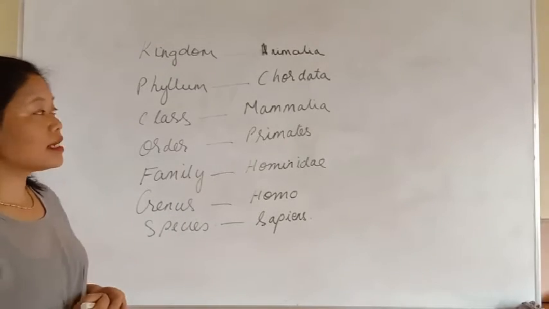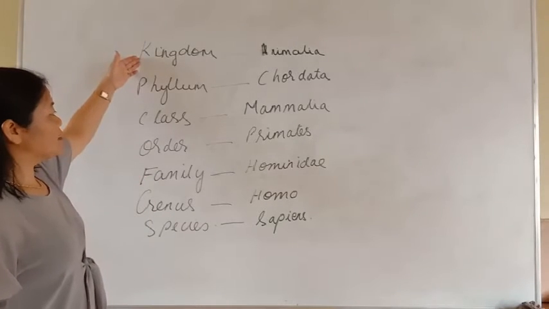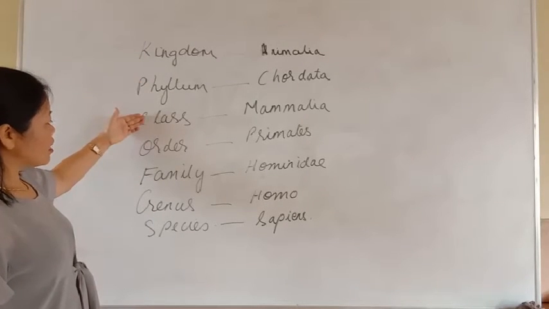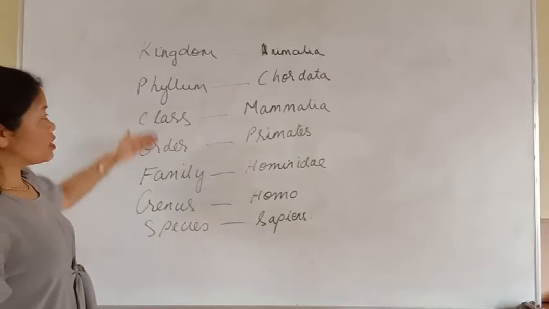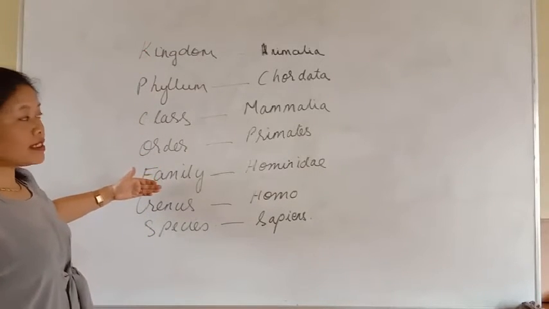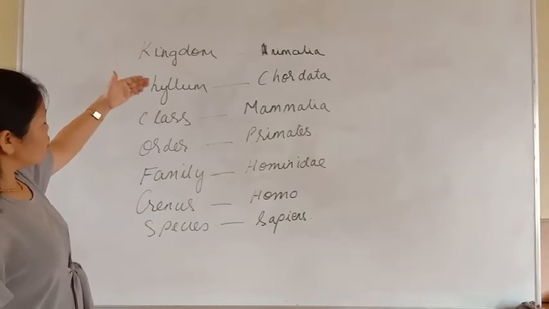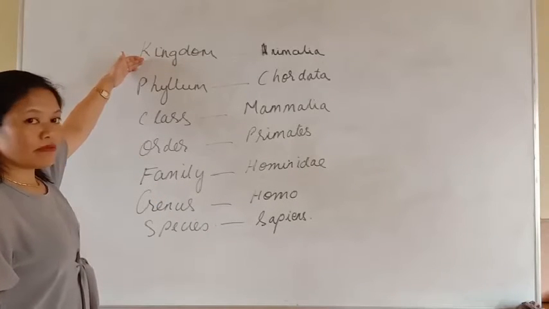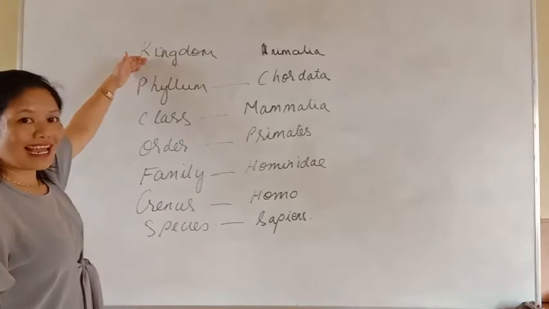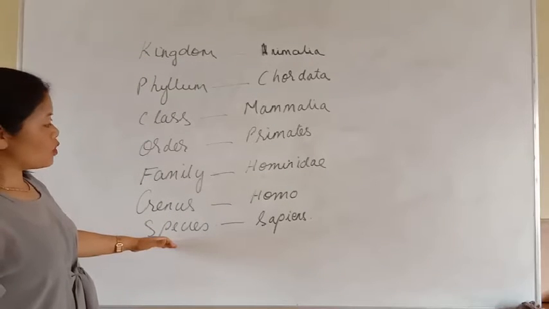What are these seven categories? Kingdom, phylum, class, order, family, genus, species. These are arranged in a very logical sequence, and it always starts from kingdom. Kingdom is the highest category, and species is the lowest category.